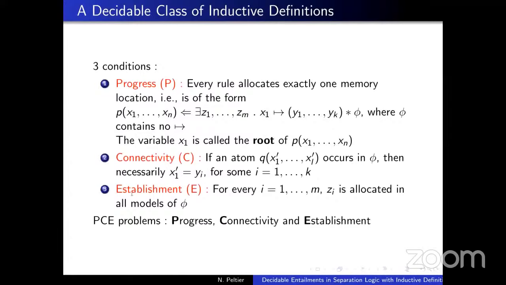And finally, we have this last condition, the establishment condition, which states that every existential variable occurring in the rule must be allocated eventually in the formula phi. Then we consider what we call PCE problems, so entailment problems satisfying progress, connectivity, and establishment.